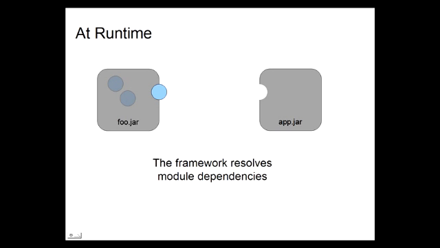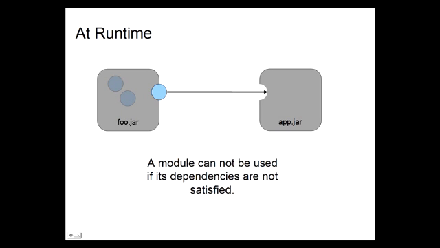So that covers how you declare what you import and export. But at runtime, the framework is actually responsible for resolving module dependencies and then also enforcing the module boundaries. And a module cannot be used until its dependencies are actually satisfied. So at runtime, we resolve an export from foo to an import into app.